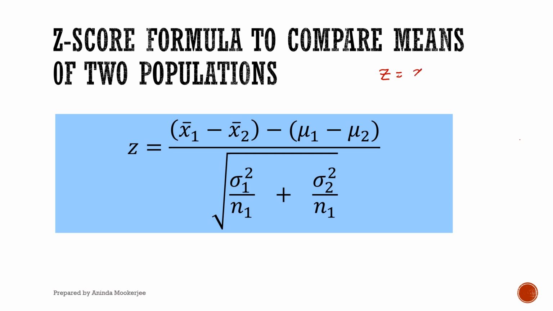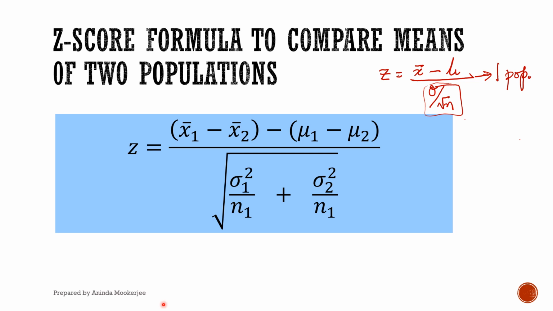It was x bar minus mu population mean divided by sigma over square root over n. The standard deviation part always goes in the denominator. This was for one population.